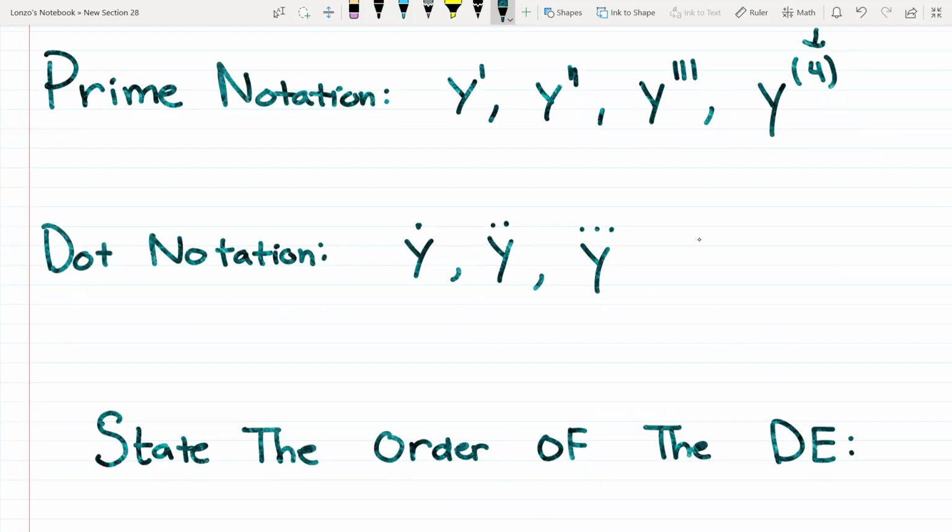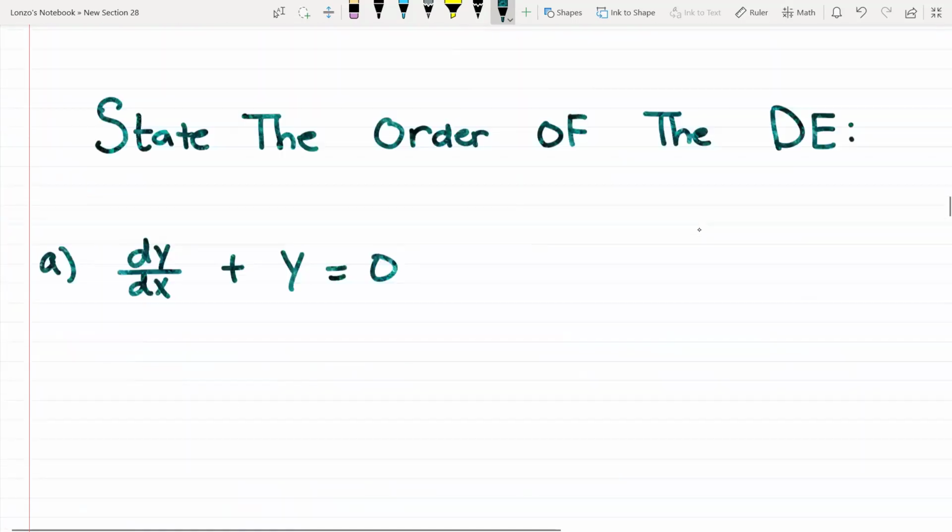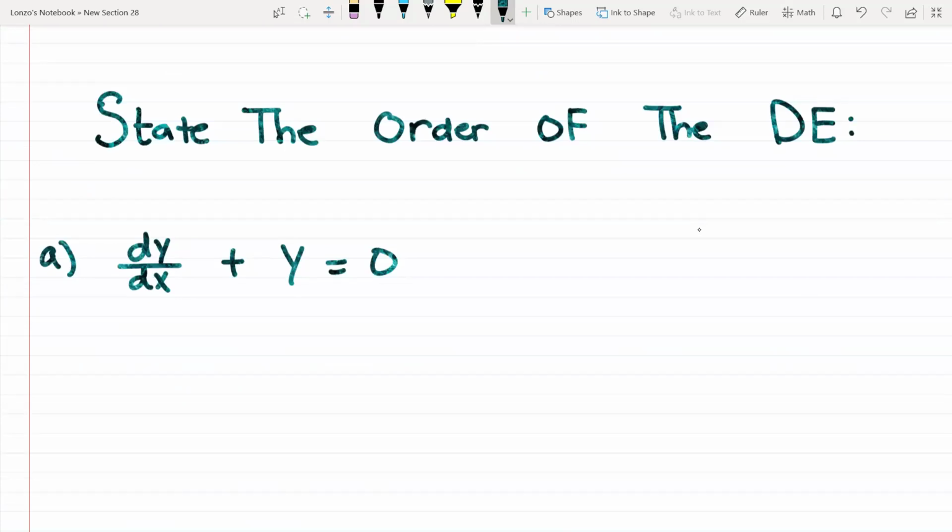Okay, so now you have some practice or idea of differential equations. So on these examples, A through F, I want you to state the order of the differential equation. I don't care if it's linear or not, I just want the order.